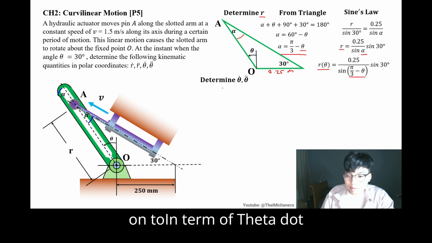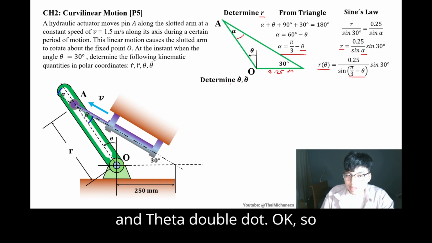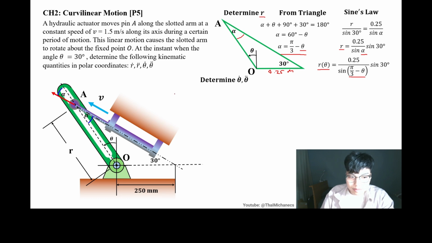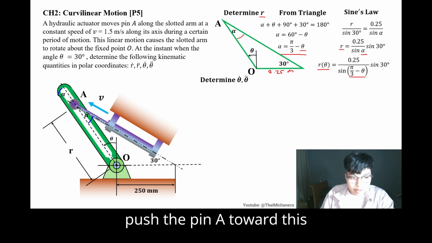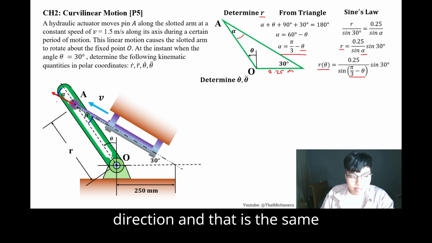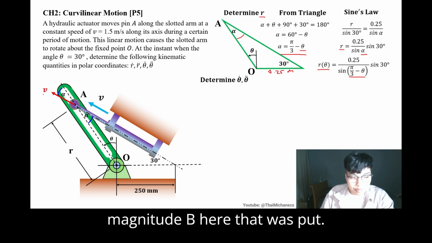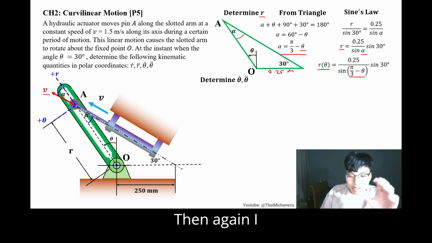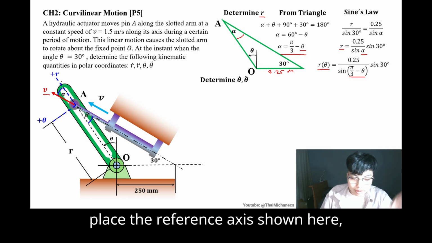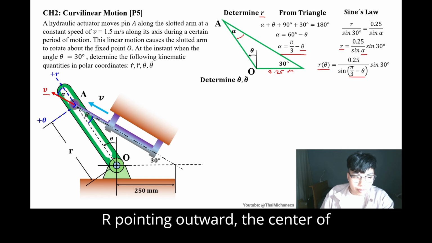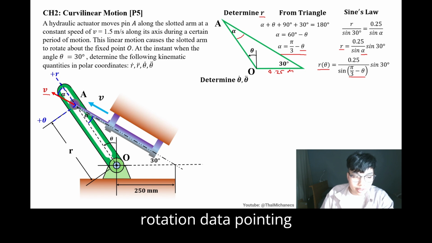Then we move on to theta dot and theta double dot. We know that this v will push the pin A toward this direction, and that is the same magnitude v here. Then I place the reference axes shown here: r pointing outward from the center of rotation, and theta pointing perpendicular to the r-axis, in the same direction as theta increases.